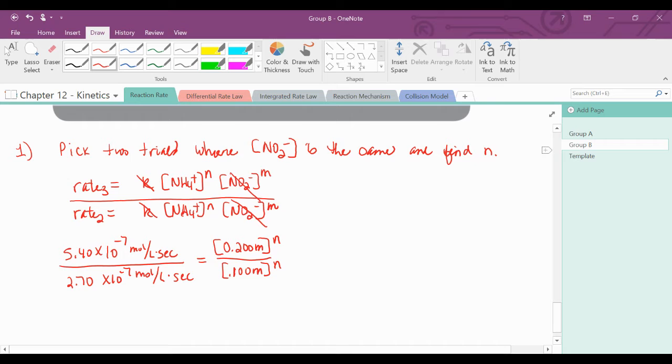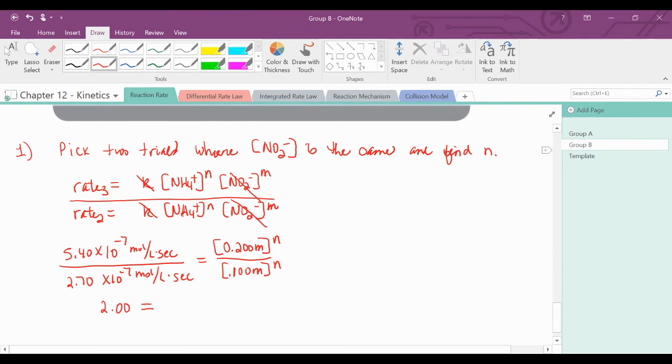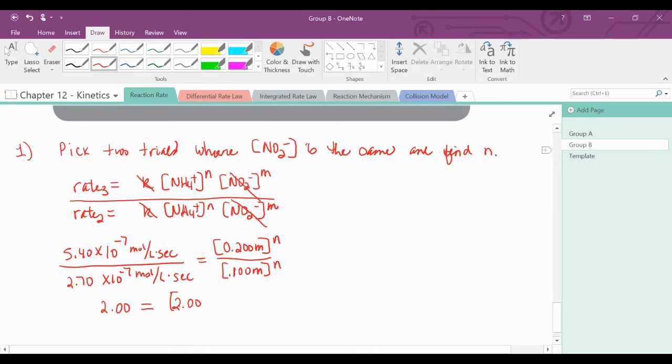Okay, so we're going to reduce. We divide our two rates, and we get 2. We divide our two concentrations, and we get 2 raised to the n power. If I want to rearrange this so that n is no longer an exponent, we take the log of both sides.